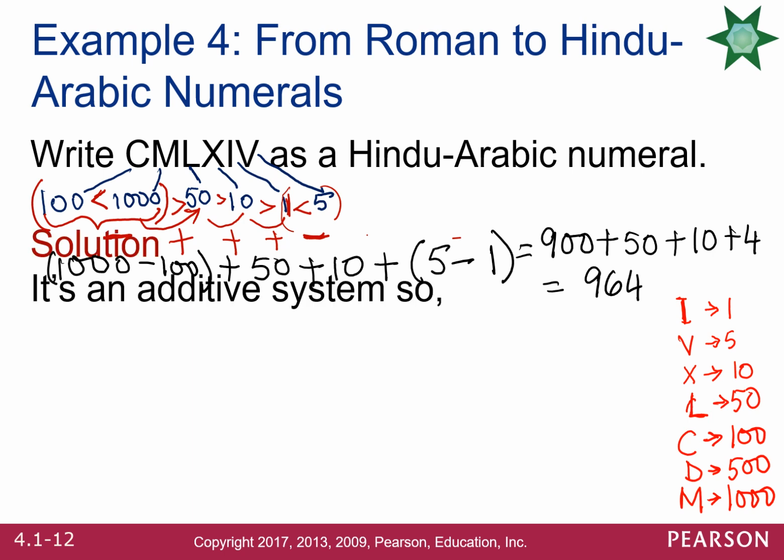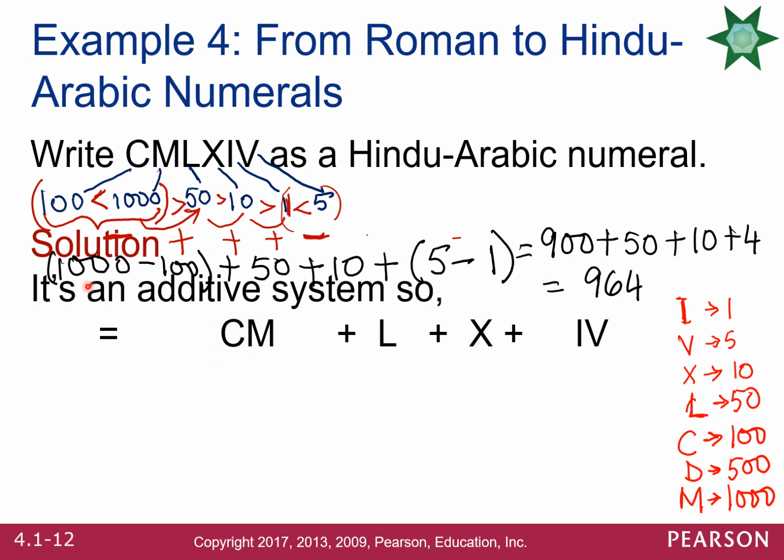So the solution says it's an additive system, so it's CM plus L, right? So CM plus L, and that's exactly what we did. 100 less than 1000, so we did the CM first.